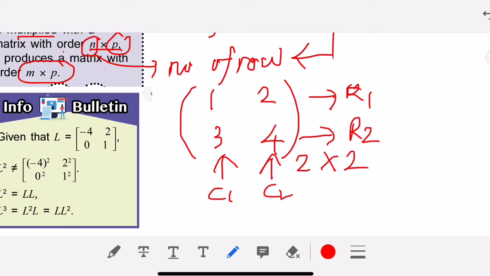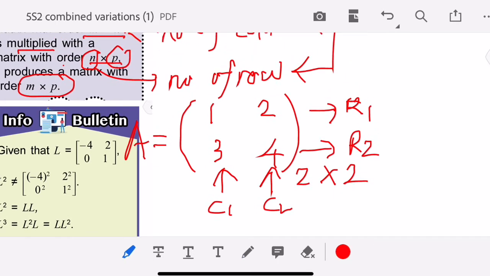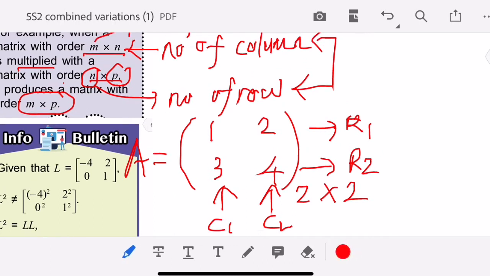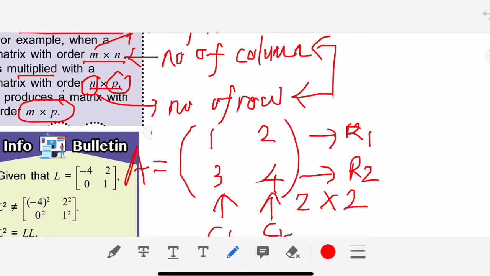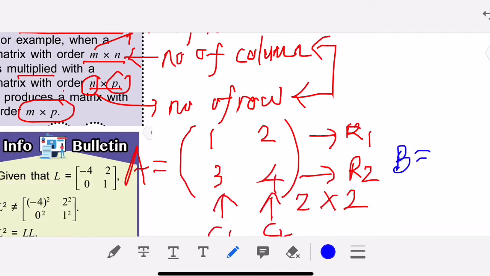So we check the order of the matrix. This matrix, let's label it as matrix A. We always use a capital letter to represent a matrix. Now, let's say I'm going to multiply matrix A with another matrix, matrix B. Because the number of columns of A is 2, the number of rows of matrix B must be 2.